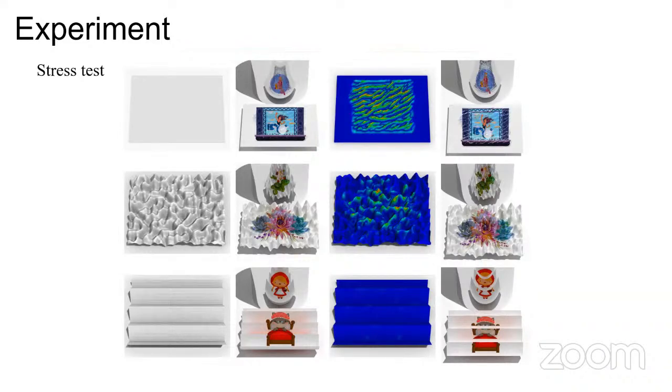The second column shows that given either a plane or a random height field as the input shape, our algorithm manages to produce a high-quality result instead of getting stuck in a suboptimal local solution.